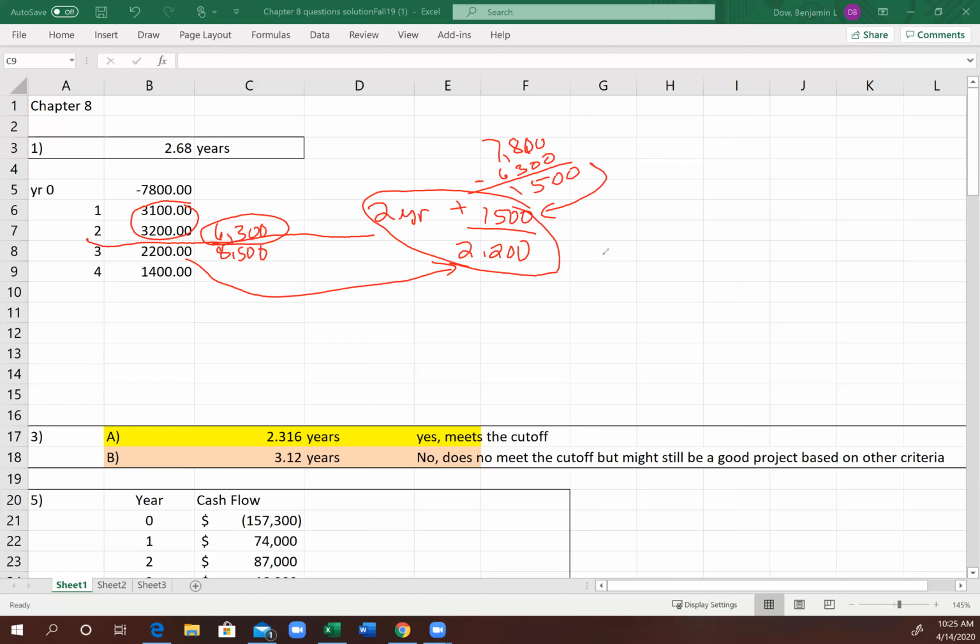So 2.68 years would be our payback period. What's nice is anytime you have things in Excel, it's real easy to calculate different things.